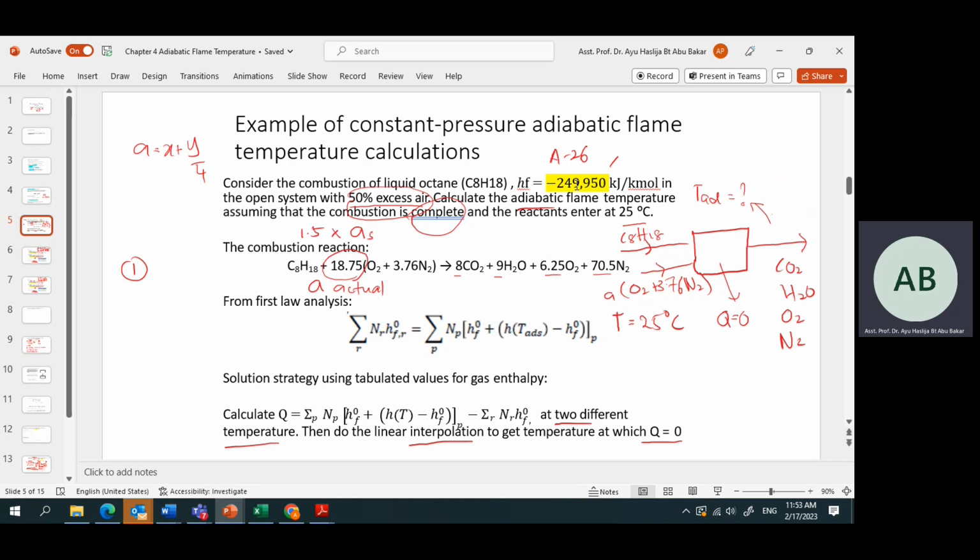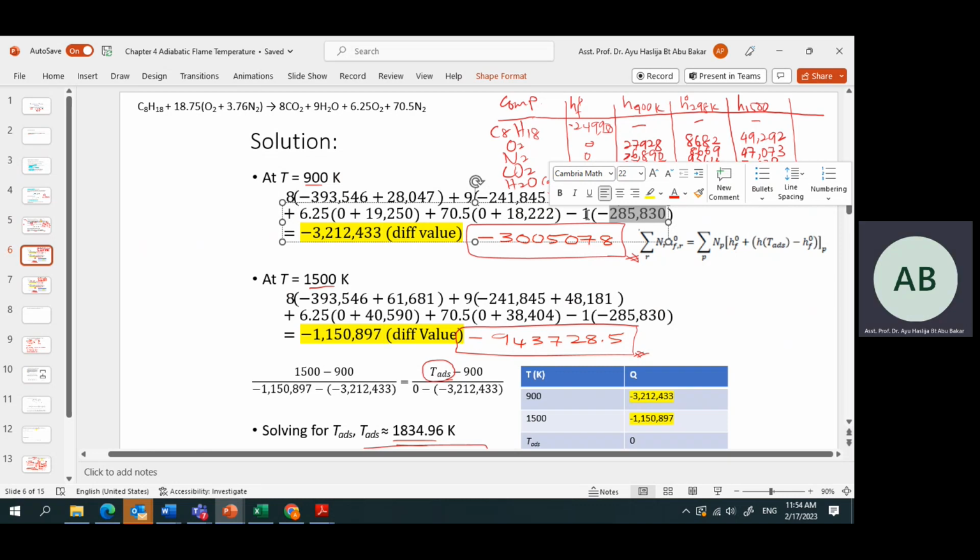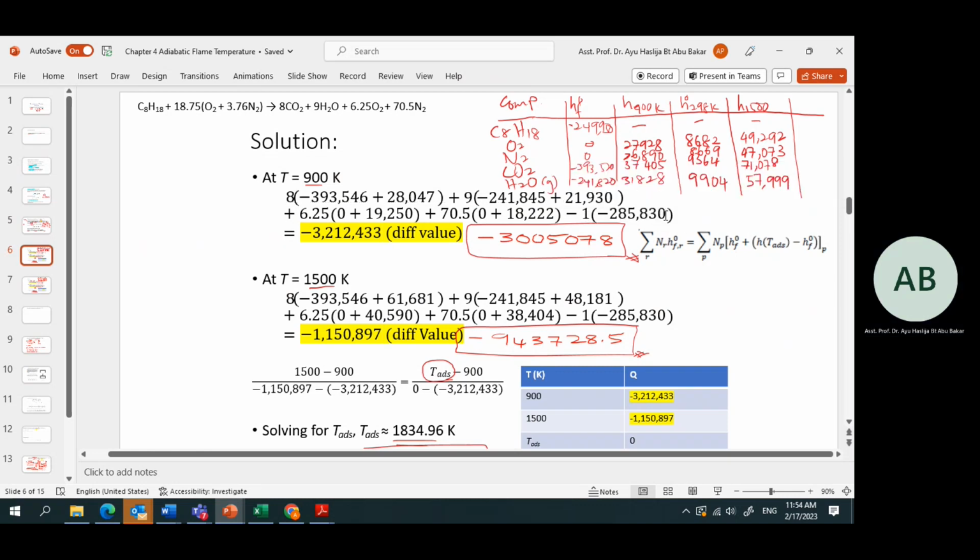Don't get confused with the solution over here; this one is from the original value.